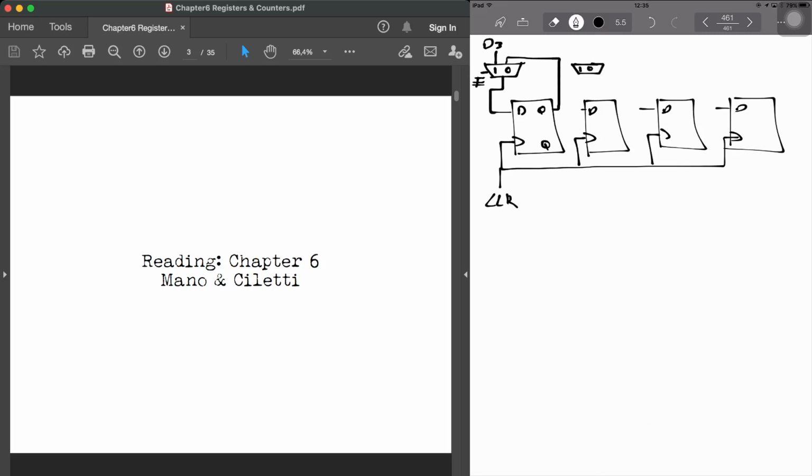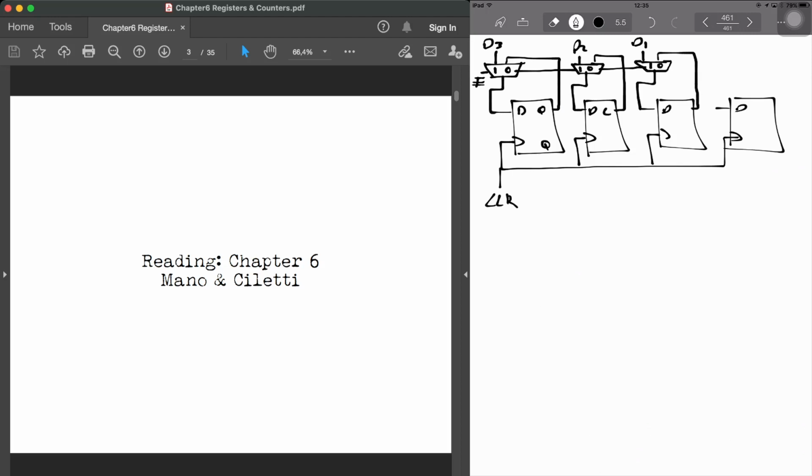So 0 and 1, this is going to be D2. Then the select, that enable, is going to be shared. And then another one, so 0 and 1, and then enable, D1.